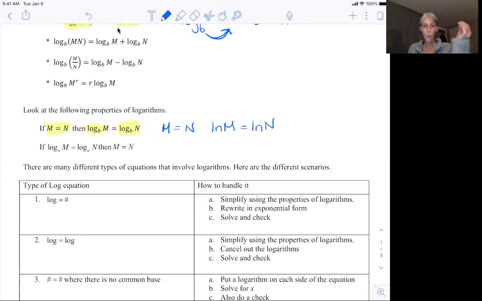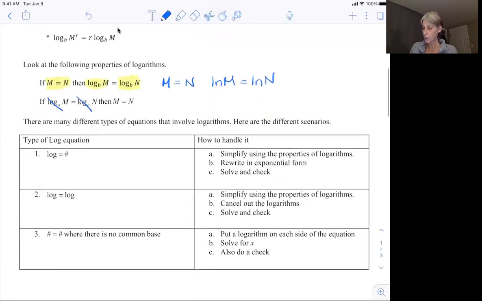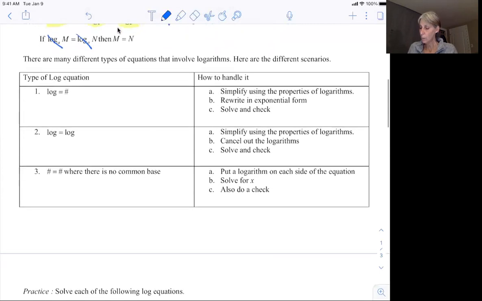So whether you're writing the word log with some base or ln, it's going to do the same trick. If log base a of m equals log base a of n, then m is equal to n. If two things are equal to each other, then their powers are equal to each other. That's all it's saying. We're going to use this when we solve our different types of equations.